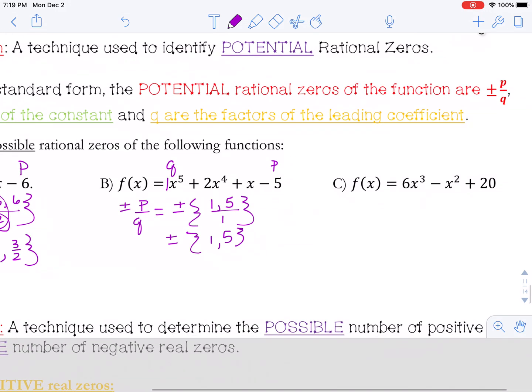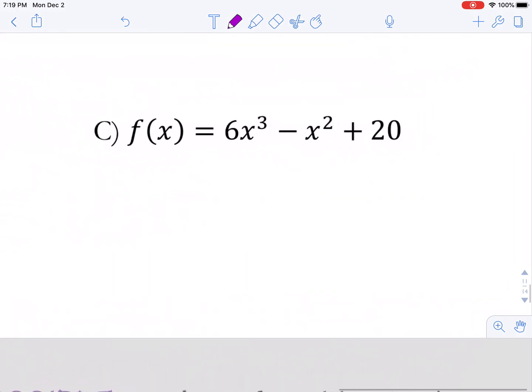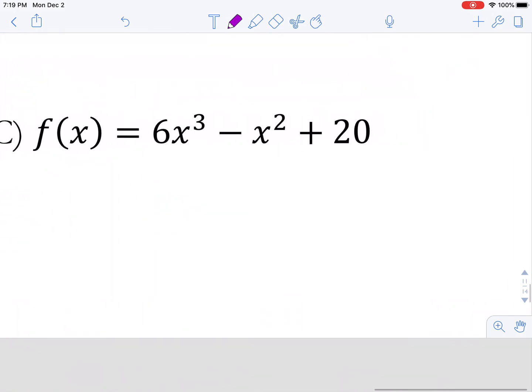Okay. If we look at C, now C, we actually have a lot more. Here we have P and we have Q. We would have plus or minus.